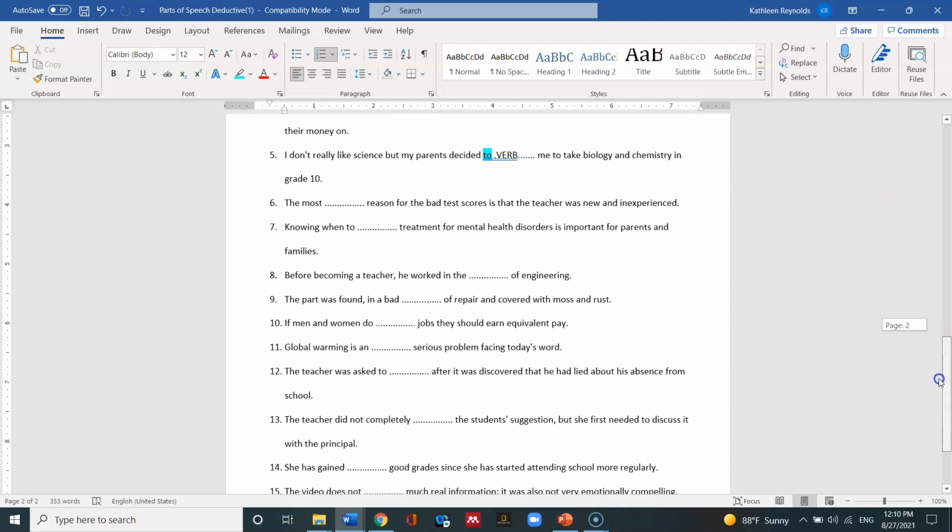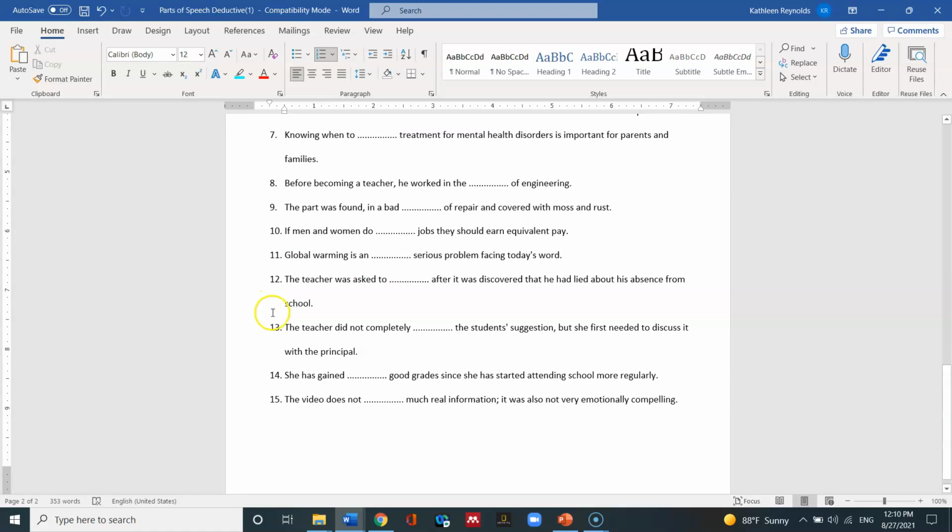So another example of when we would use a verb is in number 13. The teacher did not completely verb the student's suggestion. Or number 15, the video does not verb material information.